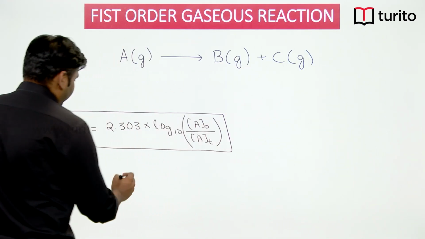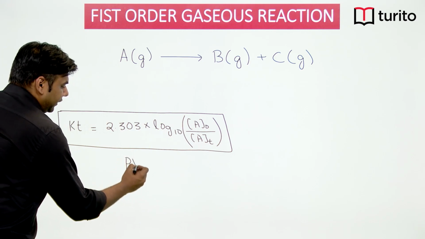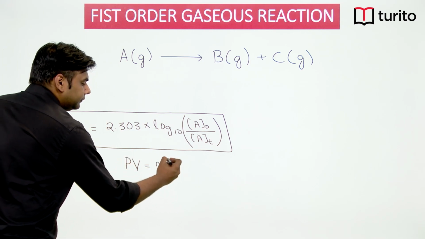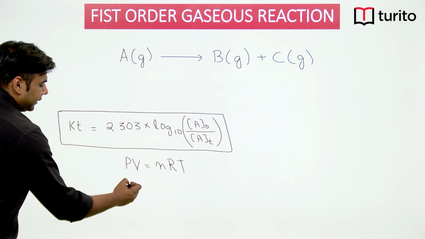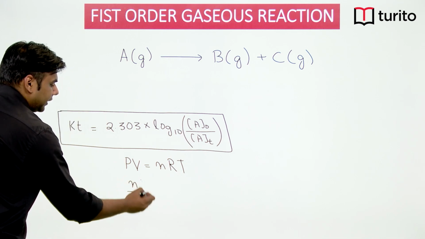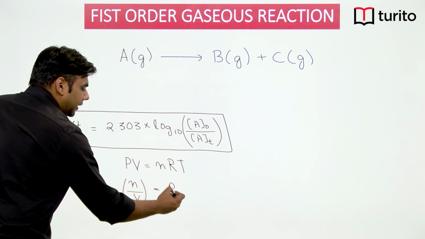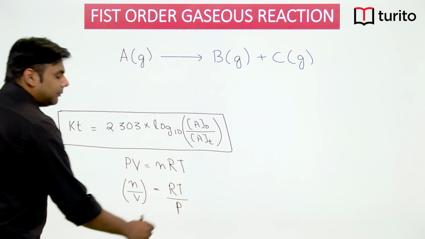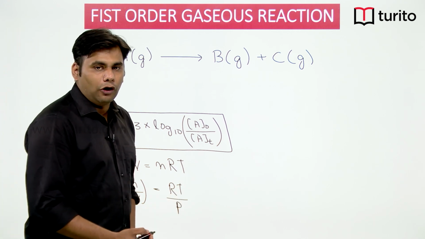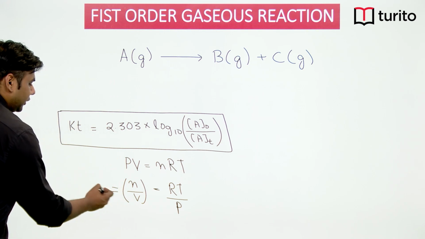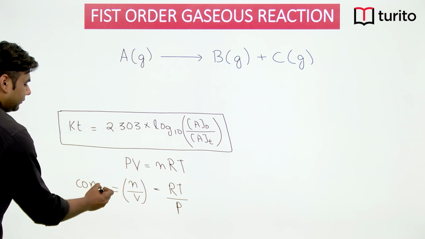So we know that according to the ideal gas equation PV is equal to nRT, right? So we can write n by V as P upon RT. Now basically n by V is number of moles upon volume, so this is the concentration term, okay.